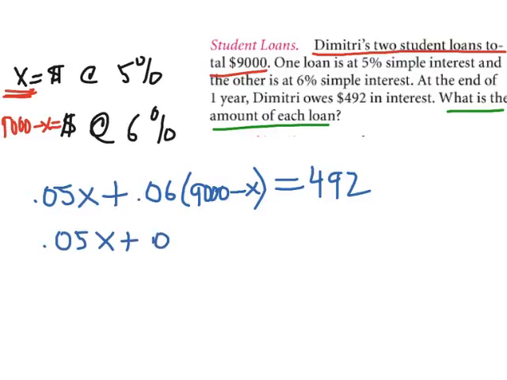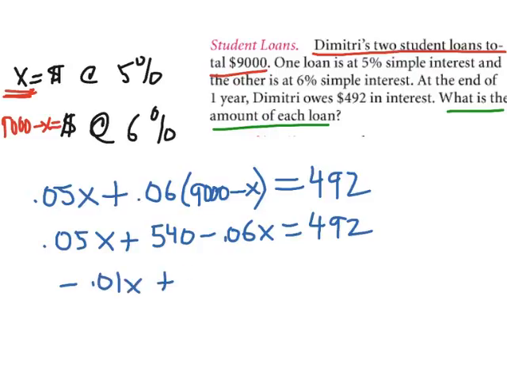plus 0.06 times 9,000. Grab my calculator there. Should be 540, I think. Yep. Minus 0.06x equals 492. Combine my like terms, 0.05x minus 0.06x is minus 0.01x plus 540 equals 492.